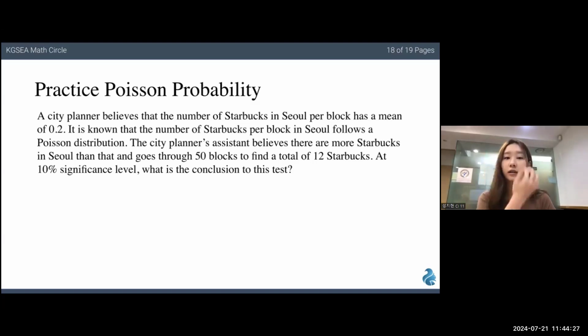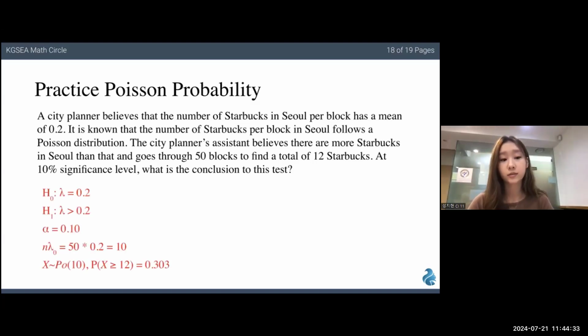Well, this is long, and you can follow this step by step and take some time, but I'll move on to the answers. First, the null distribution is that lambda is 0.2, because the mean is 0.2. The alternative hypothesis is that it's greater than 0.2, which is what the assistant believes. The significance level is 10%, so 0.1.